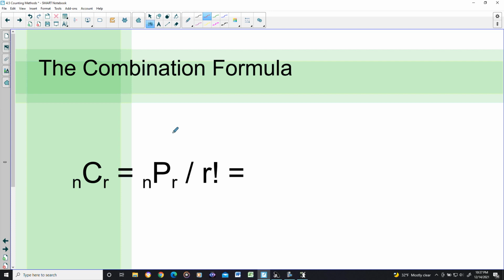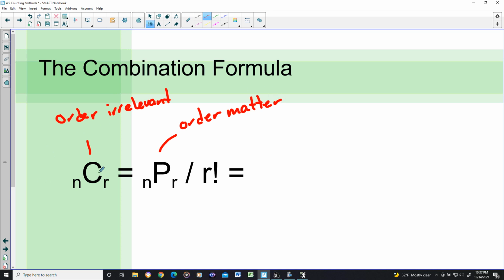That makes this what we call the combination formula. The combination formula is nCr, order irrelevant. And then here, order matters. As we said before, a permutation of objects is a specific ordering of them.